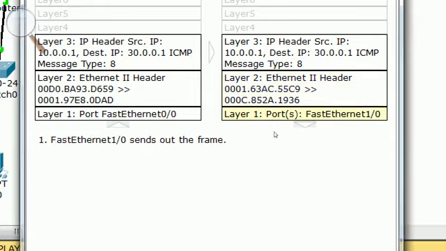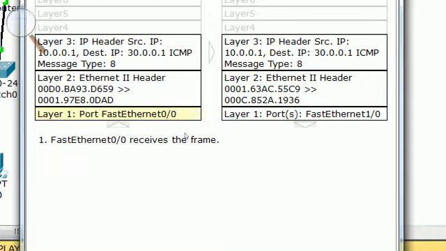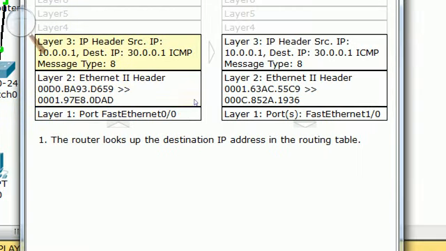See now, on this interface packet was received. After that, चेक करो फ्लो को, जो हमने डिस्कस किया था वही है या नहीं. Please check the flow. Router will receive the traffic on this interface. After that, router will check the destination MAC address, then destination IP address in the routing table.